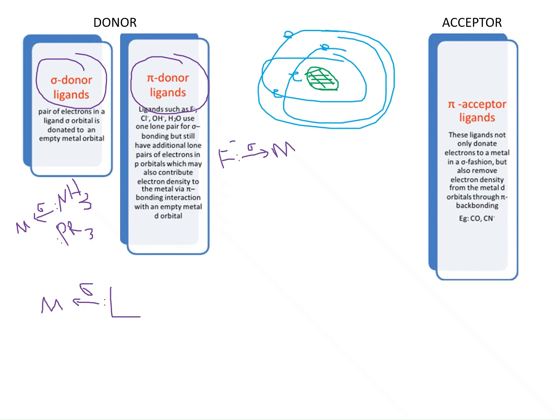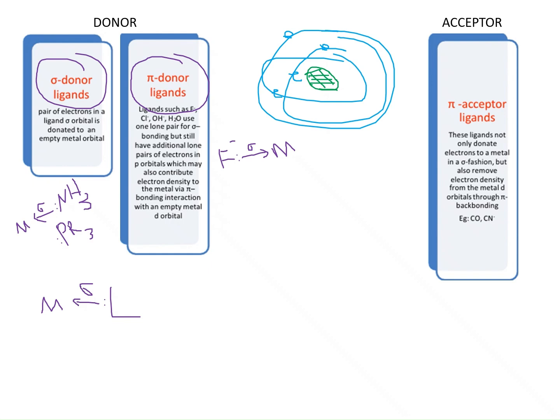So they can donate. It's just like, imagine you are super rich, and there's no reason for you not to give or donate your money. But if you're not rich and you have the least amount of money, you tend to accept money from others. So you are acidic. So accepting electrons is acidic.